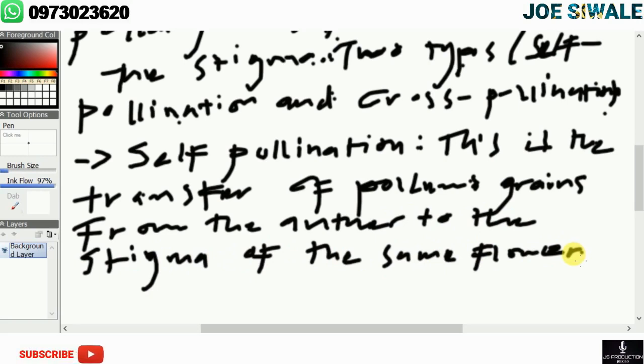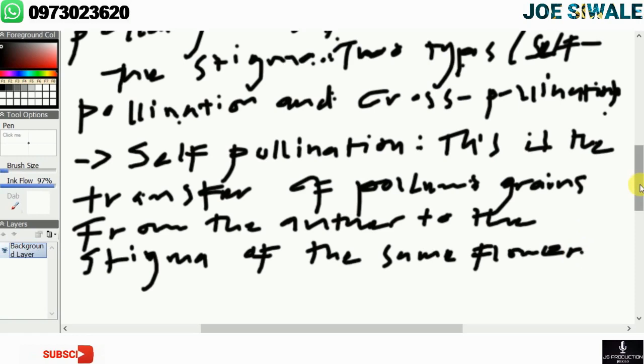And that means that there is no interchange of genetic properties here, because pollination occurs in a single flower, so there is no interchange of genetics.